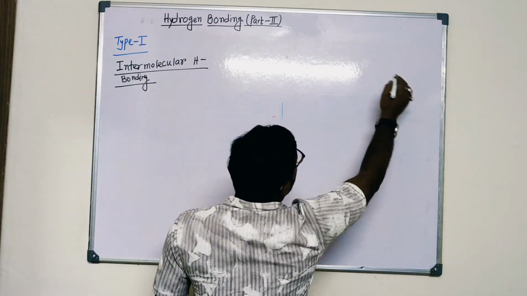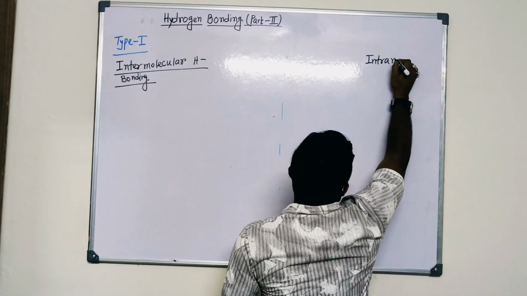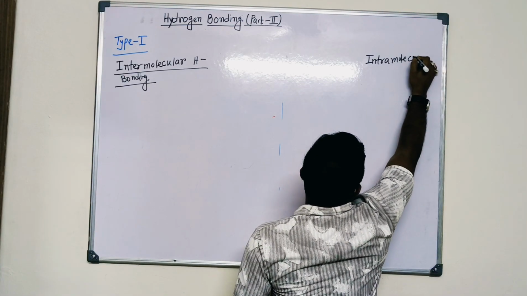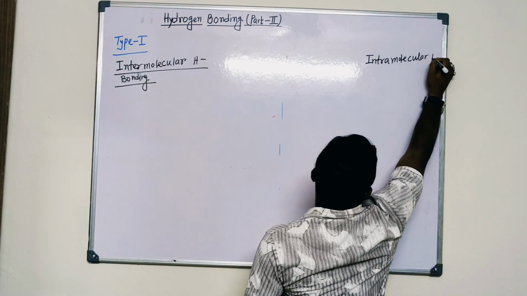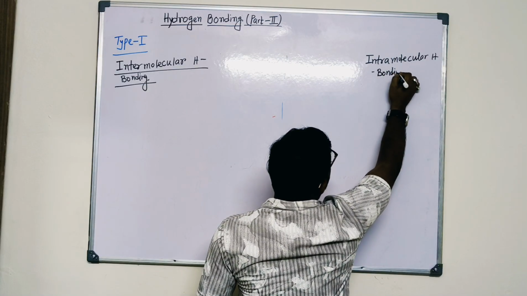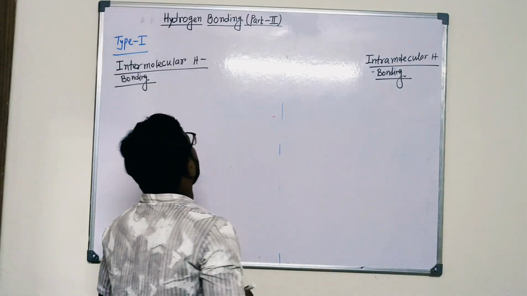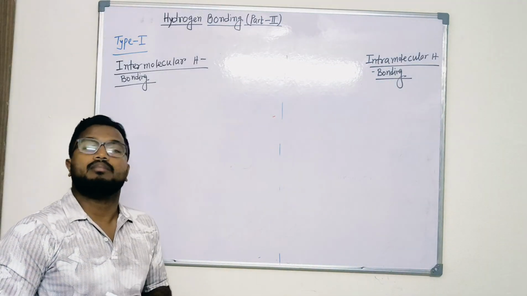Next we are going to discuss intramolecular H bonding. So two types of hydrogen bonding are there: one is intermolecular, another one is intramolecular.